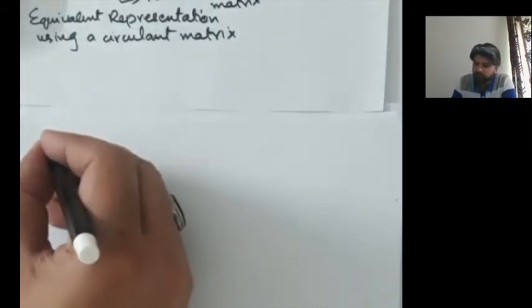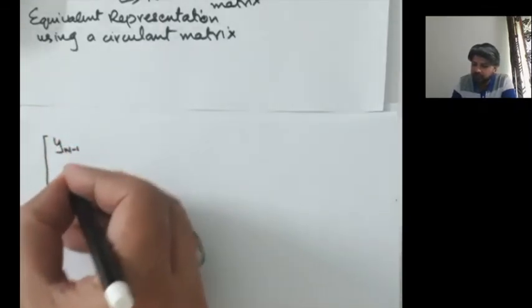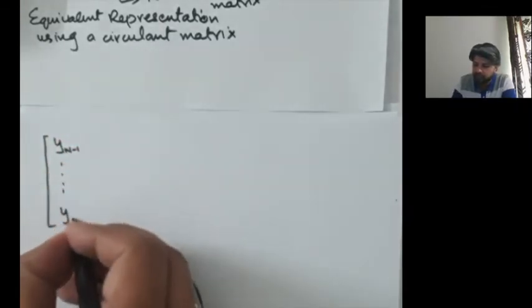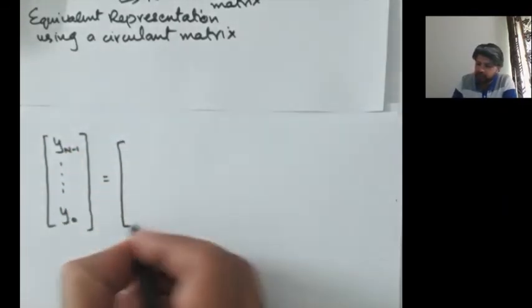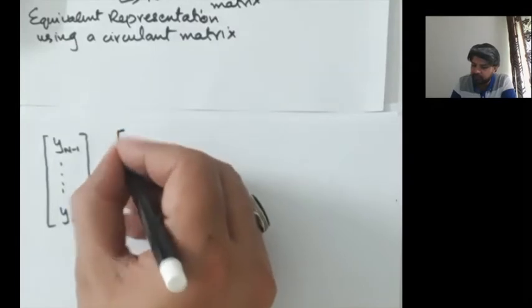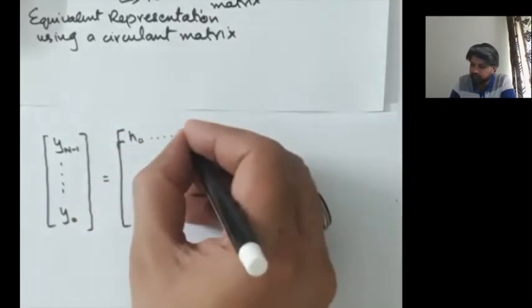You would have the output still as capital N samples that you require, so you require y n minus 1 to y naught. And now you would have this circulant matrix. It would start with h0 all the way to h mu.